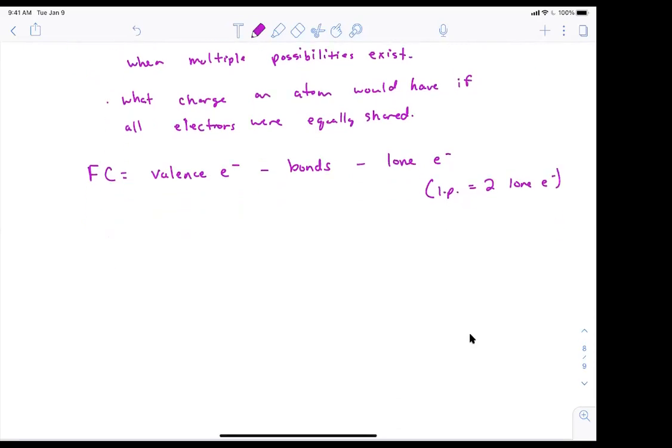Now, when you look at a structure that has possible differences in Lewis structure, let's say, for example, SCN minus 1. SCN could look like this.